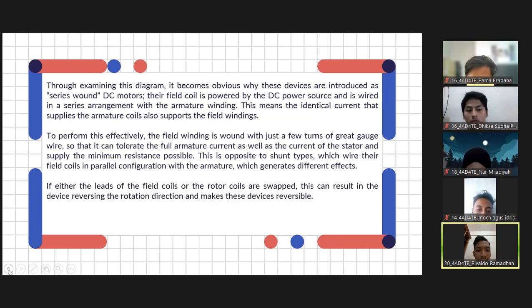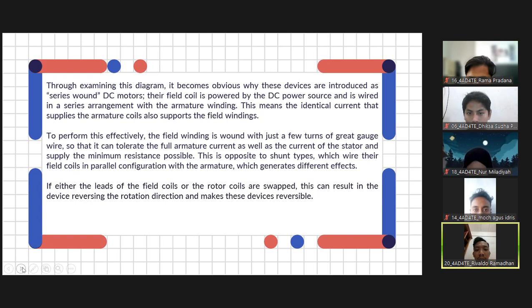Okay. Examining this diagram, it becomes obvious why these devices are introduced as series wound DC motors. Their field coil is powered by the DC power source and is wired in a series arrangement with the armature winding.